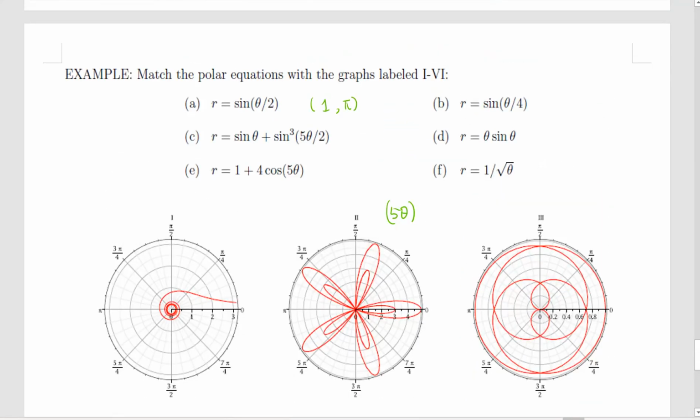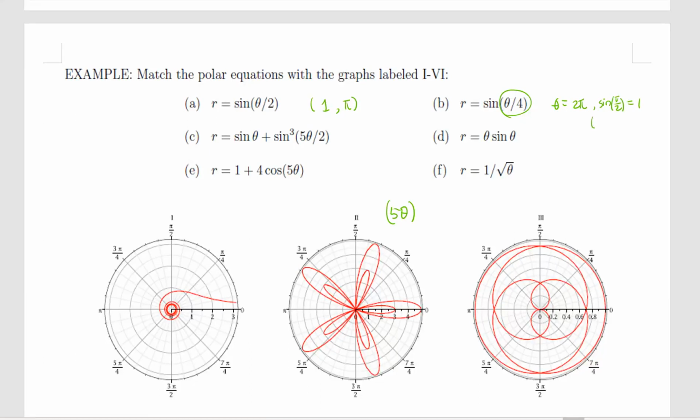Then let's look at part B. Let's make it more interesting. Think about theta equals 2 pi. Then we have sine of 2 pi over 4, which is sine of pi over 2, so it is 1.